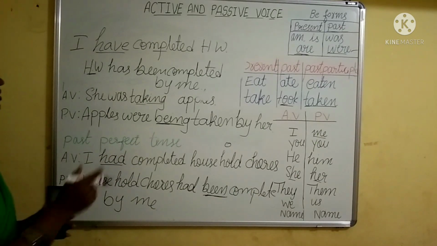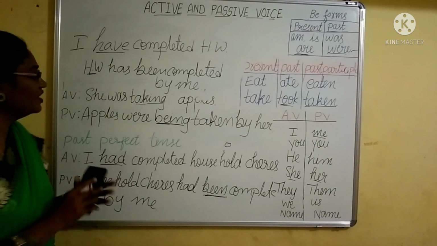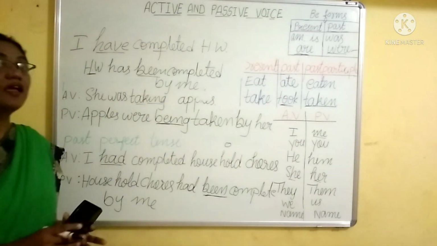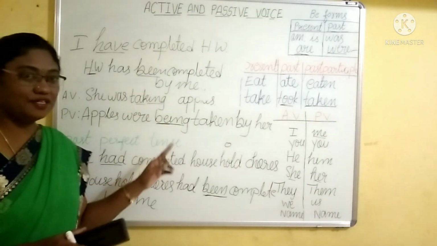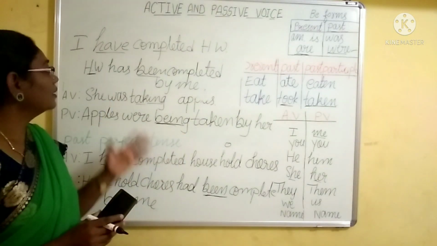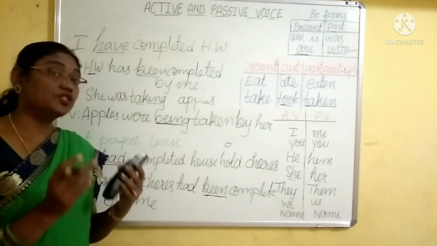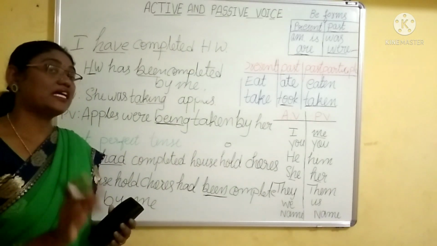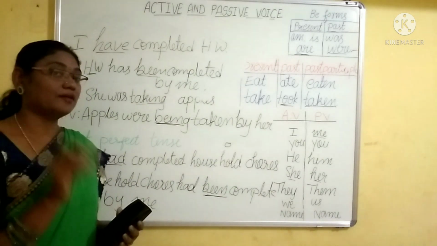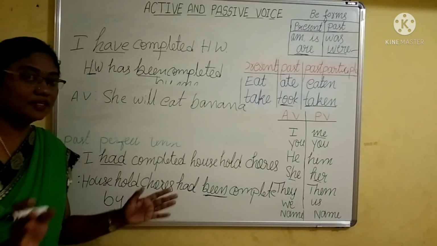This is very easy. If you find has, had and have, you just add been. If you find an ing form in the sentence, you just add being. If there is could, will, or should in the sentence, we just add be. I will write such sentences. I will eat banana.